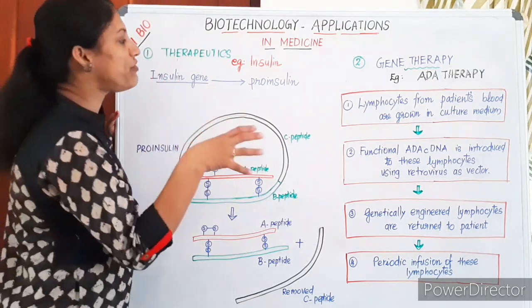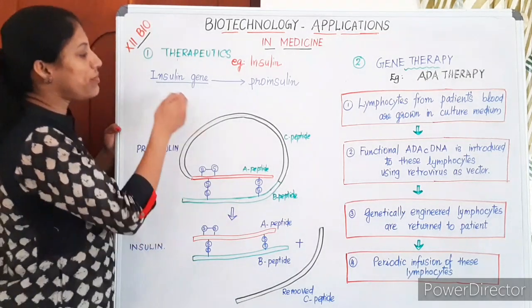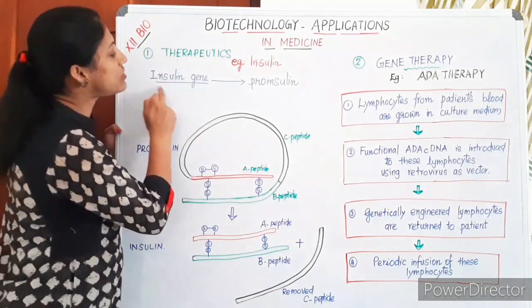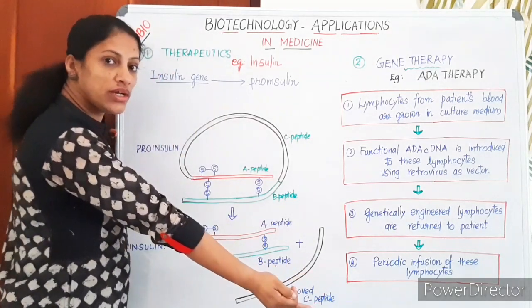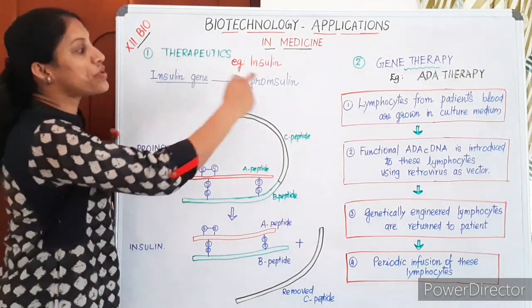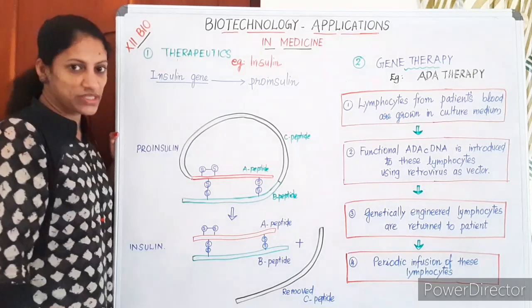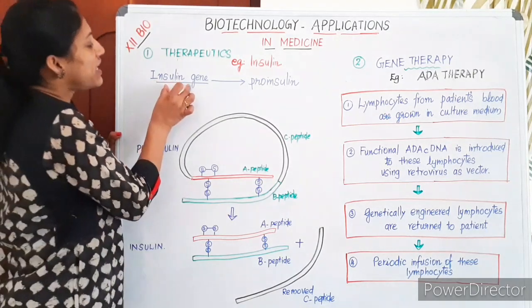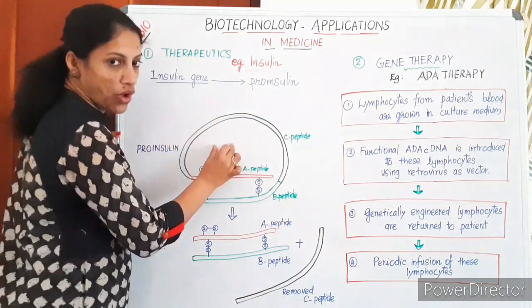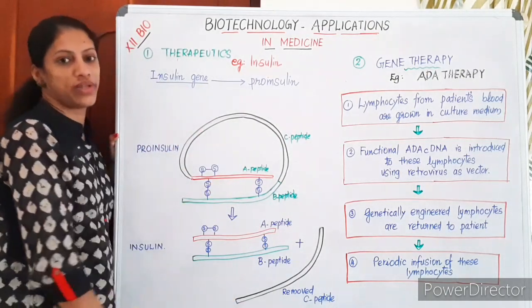So the problem faced by scientists in producing insulin from the insulin gene was that when the insulin gene was encoded into the bacterium Escherichia coli, it produced proinsulin, not insulin. The insulin gene as such forms proinsulin, which should be matured inside the body to form insulin.